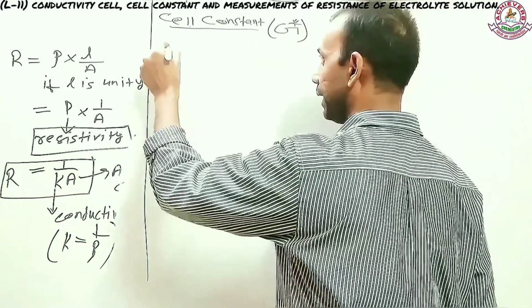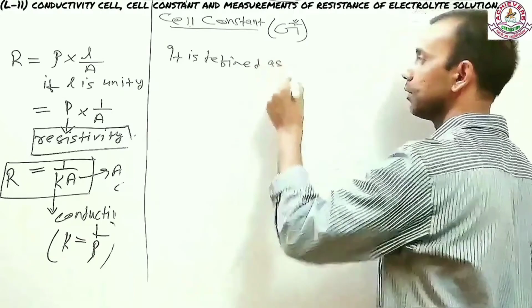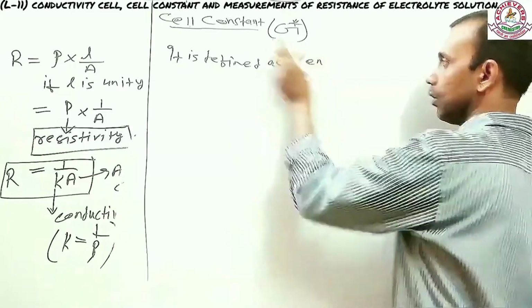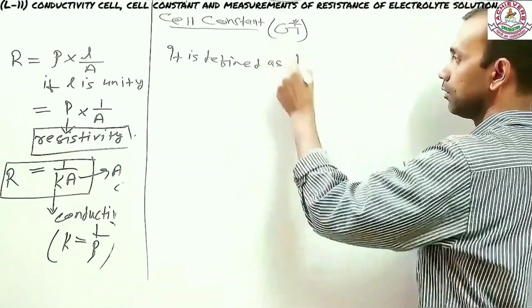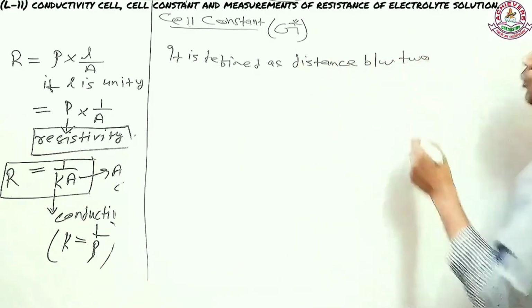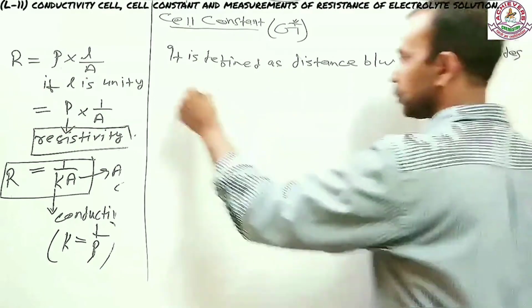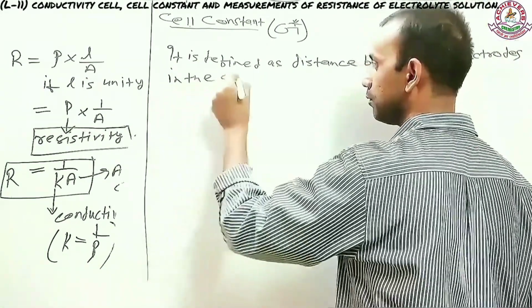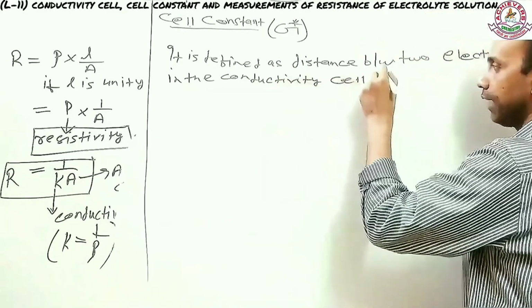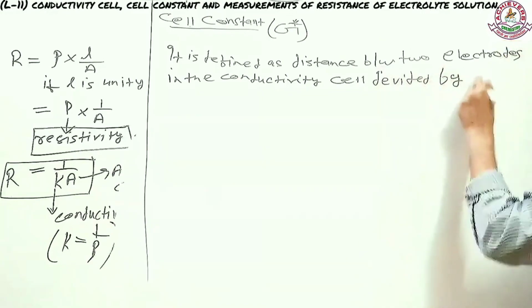It is defined as the ratio of the length or distance between the two electrodes in the conductivity cell, divided by the area of cross section.